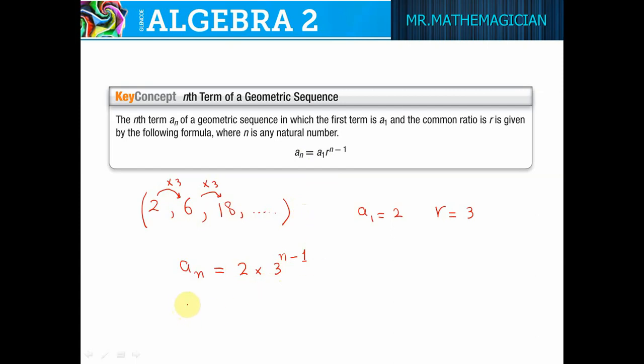Let's try to find, for example, a5. a5 means the fifth term, so it is 2 multiplied by 3 to the power of 5 minus 1, equals 2 multiplied by 3 to the power of 4. 3 to the power of 4 is 81. 2 times 81 is 162. You can be sure of your answer if you keep multiplying by 3 to reach the fifth term.